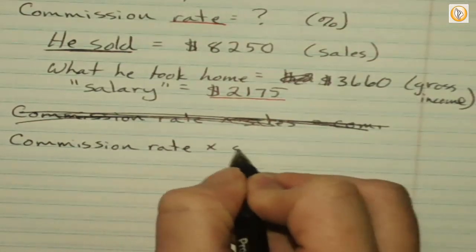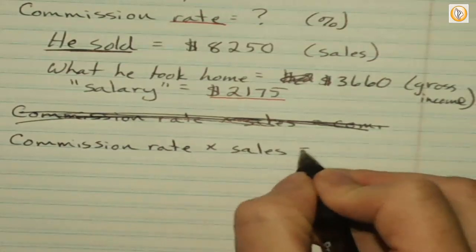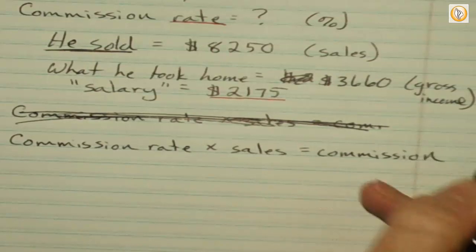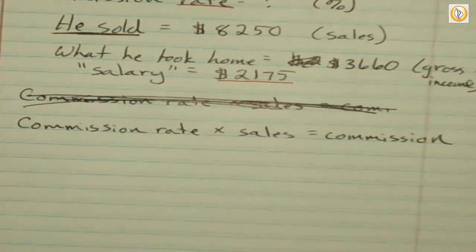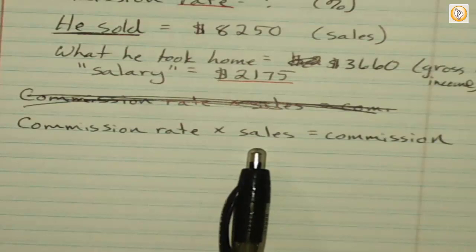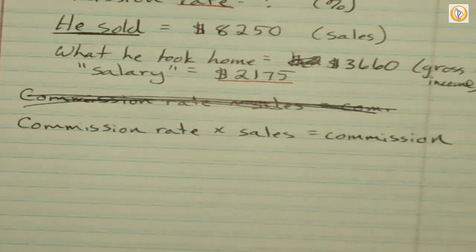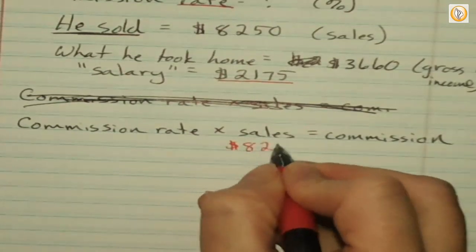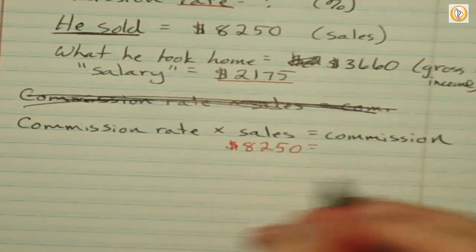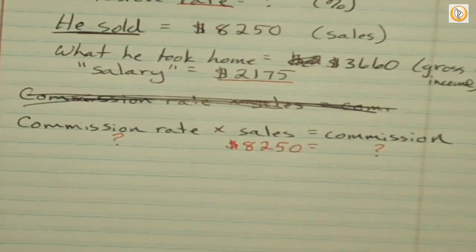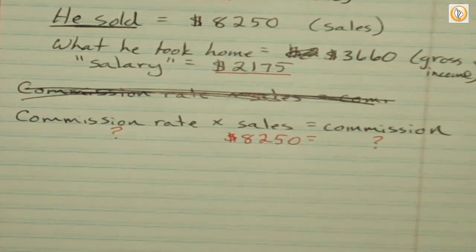Commission rate, this is the formula. Times sales equals commission. We're going to try it totally different. I like what Chap's talking about. All right, so sales. Did they give us sales? 8,250. We don't know commission rate, and we don't know commission. I don't like what your book did because it's very confusing.